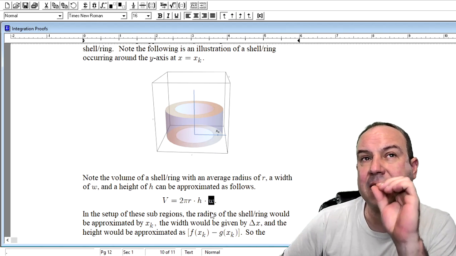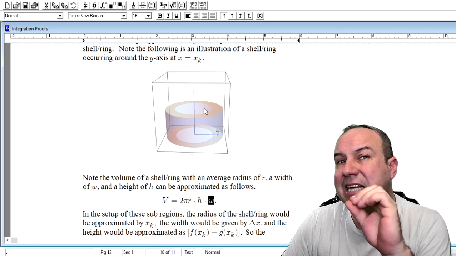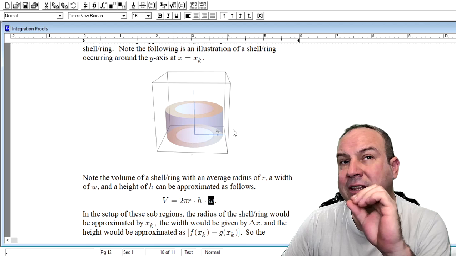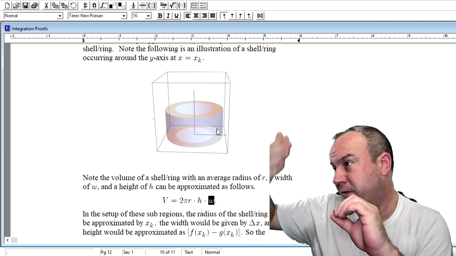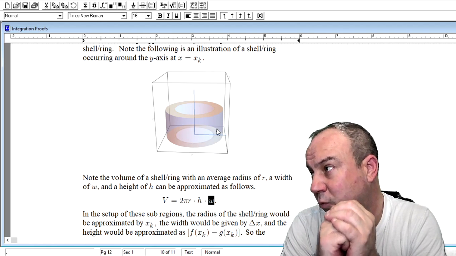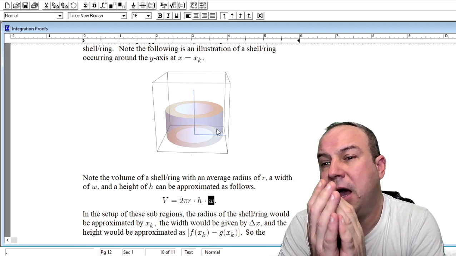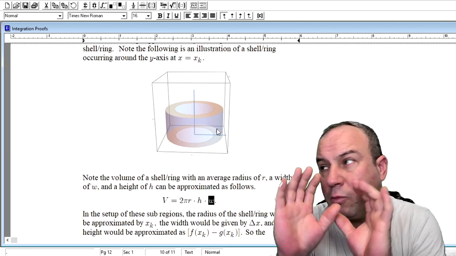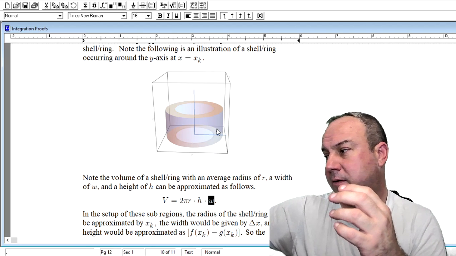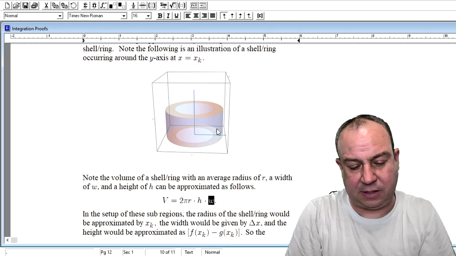Where that comes from is the idea that if you were to slice this ring vertically down the y-axis along the xy plane, it would slice this ring into a shape where if you unfolded it, let me see if I can illustrate here with just a little piece of paper.